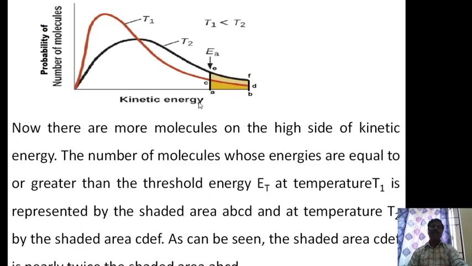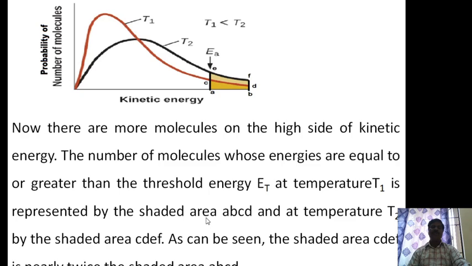But when we raise the temperature, as the temperature rises, the kinetic energy rises. The number of molecules whose energies are equal to or greater than the threshold energy at T2 temperature is represented as the shaded area. Similarly, the number of molecules whose energies are equal to or greater than the threshold energy at temperature T1 is represented by the shaded line.